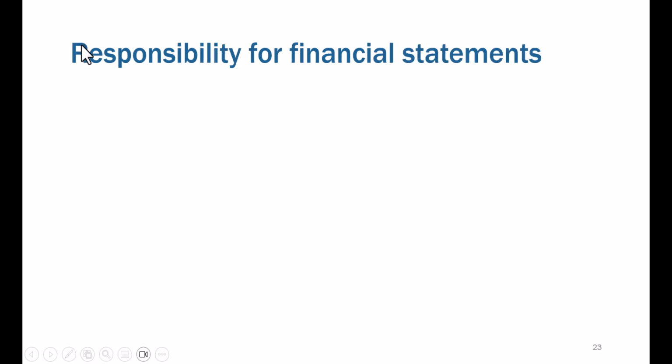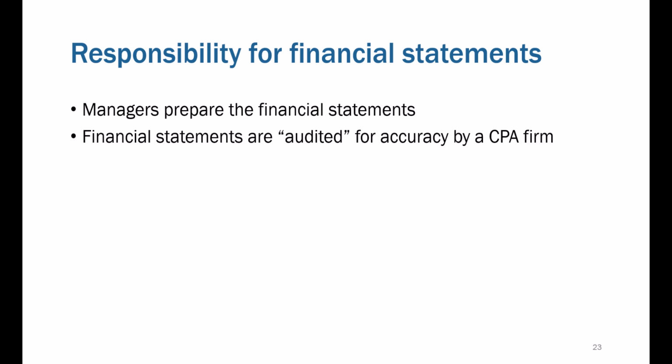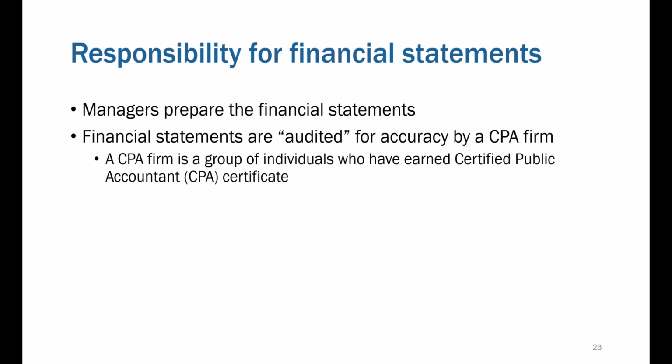Moving on, the responsibility for the financial statements: managers are going to prepare them. They then get audited for accuracy by a CPA firm. Now, when we talk about a CPA firm, it's a group of individuals who've earned the CPA certificate, Certified Public Accountant Certificate. I think there's about 650 active CPAs in America right now, the last time that I checked.